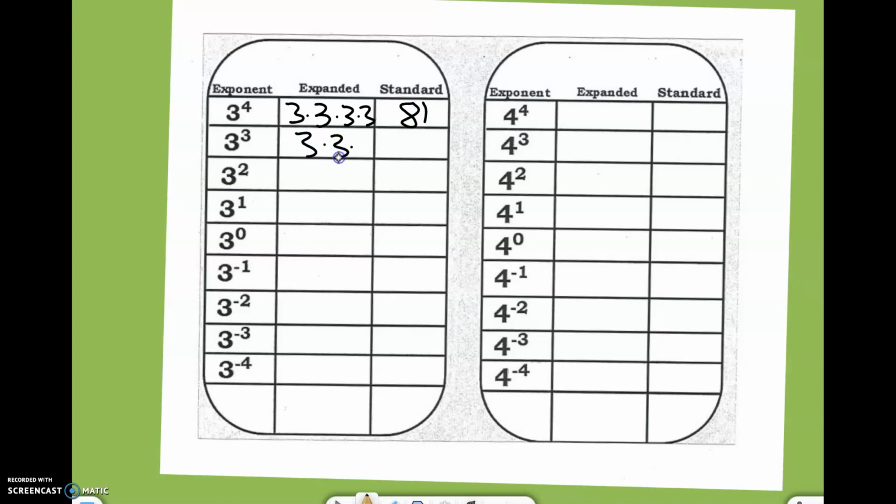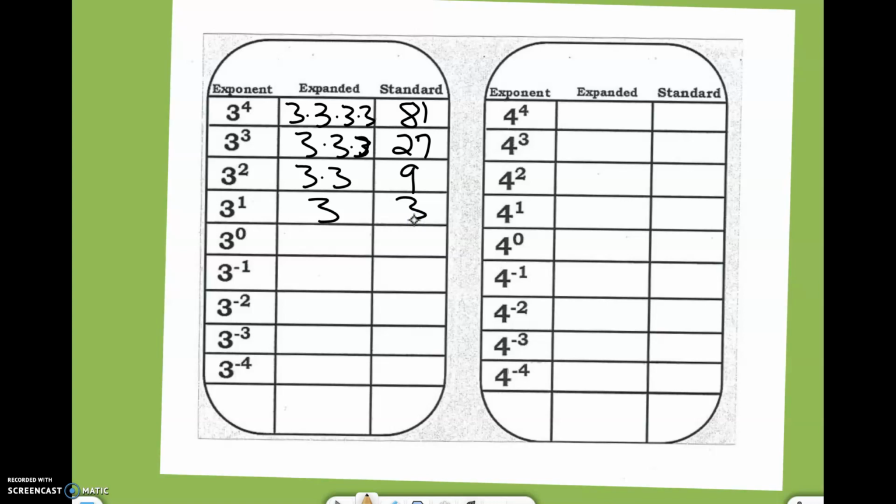Now let's do the next one. 3 threes. Well, 3 times 3 is 9, times 3 is 27. 3 times 3 is 9. And then 1 three would be 3.